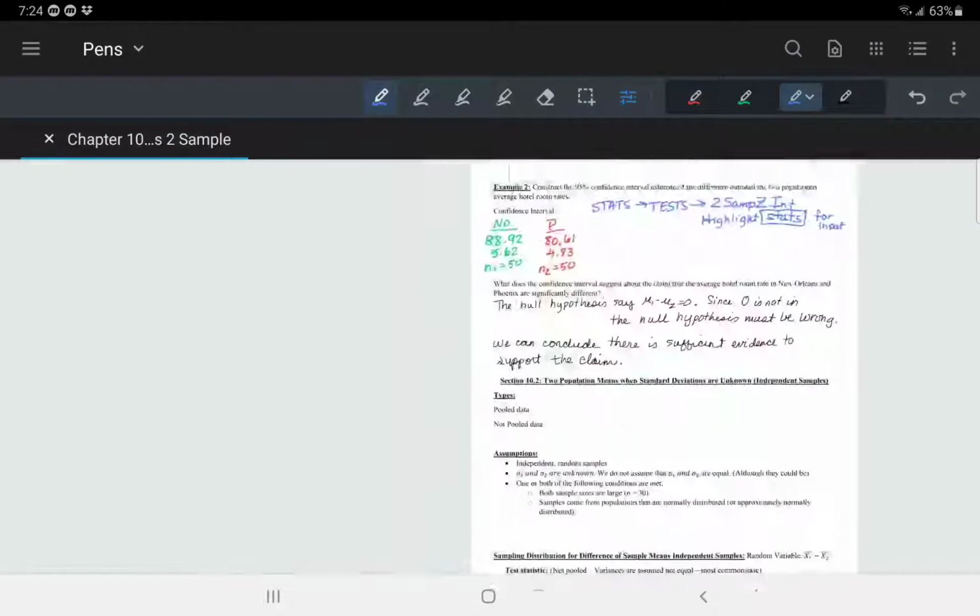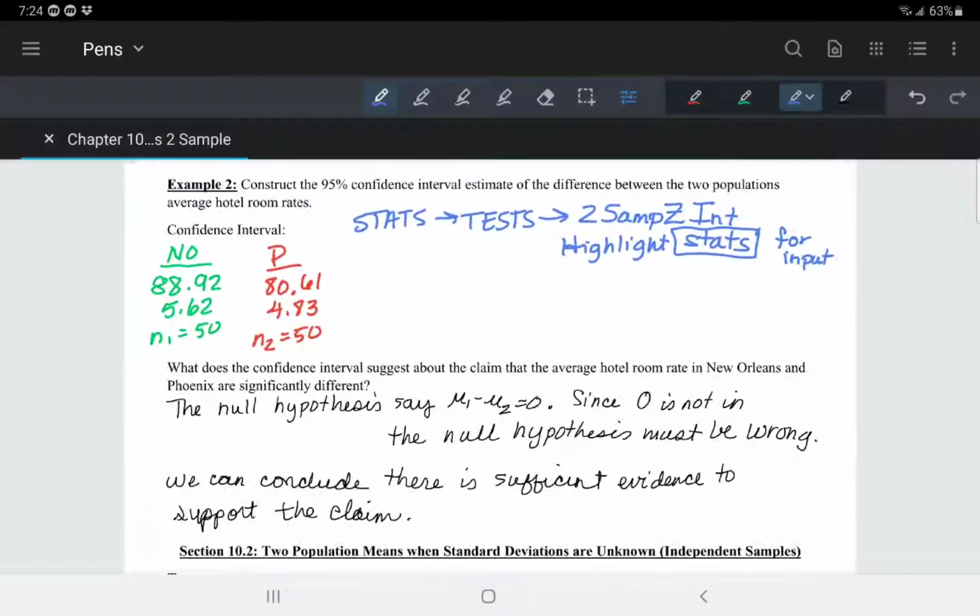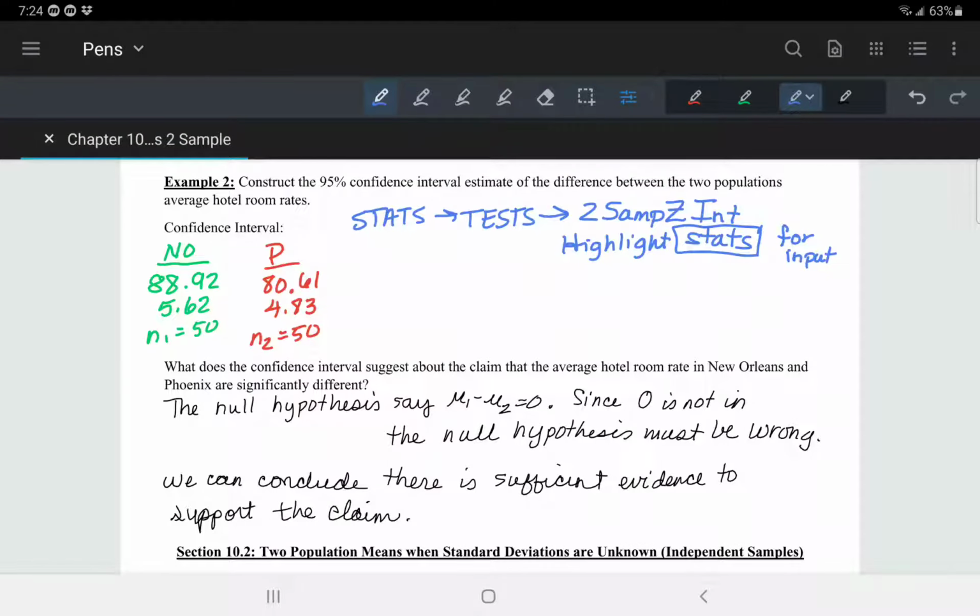Now we could also look at the confidence interval associated with this. We could construct the 95% confidence interval estimate of the difference between the two population averages. To do it, we'd have to go to stats and then tests in the 2-SampZInt. Now when you get here, there are 2 options. You can either enter data or you can enter stats. Make sure you're on the highlighting of stats for the inputs.